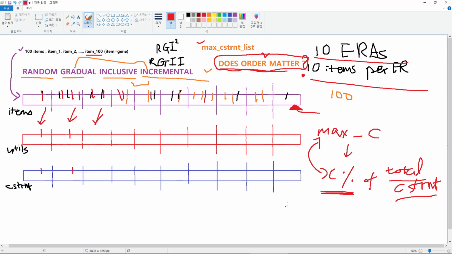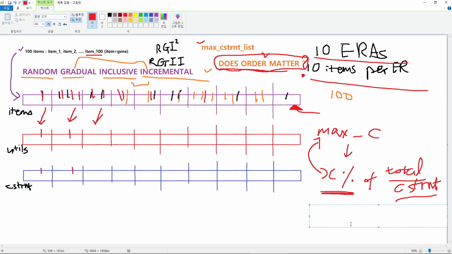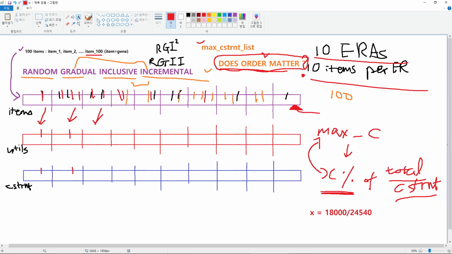And in this case, the variable x was 18,000 divided by 24,540. Why this specific?